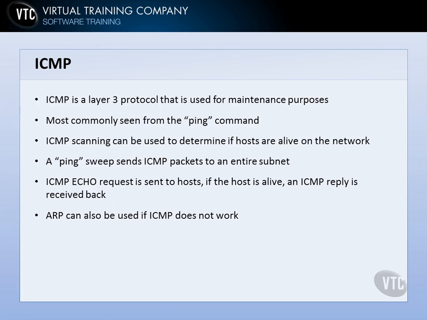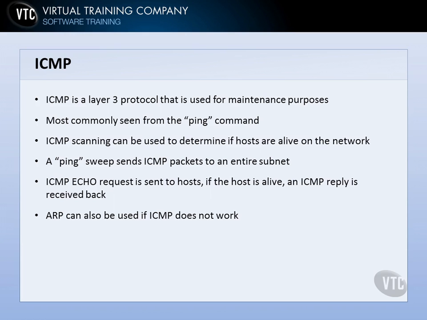Now, ICMP scanning can be used to determine if the hosts are live and up on the network, but beyond that, they don't really tell you what ports are open or closed, although, as I mentioned, with UDP, a certain type of ICMP response back can tell you if a port is closed or not. Now, ICMP is primarily used in terms of ping sweeping networks. You could send one to one host, but what you really want to do is scan an entire subnet with it.